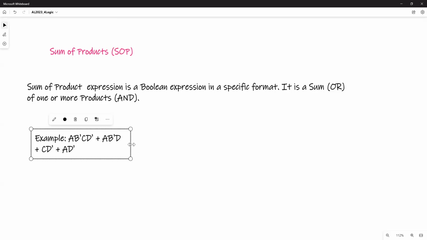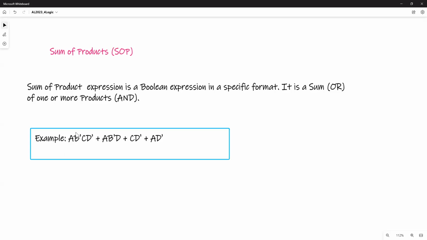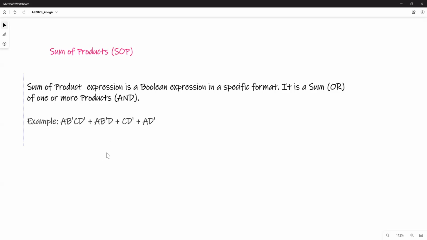So this is one example for sum of products. So you can see plus, and within that you have products.